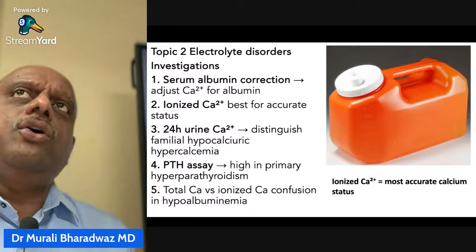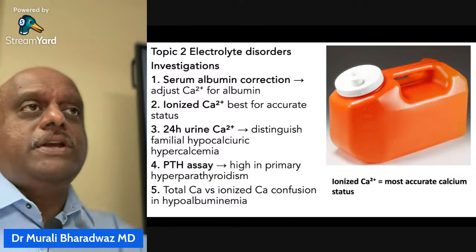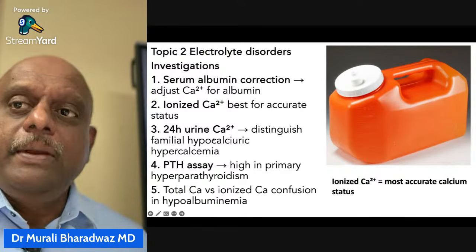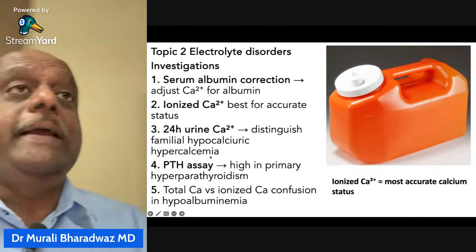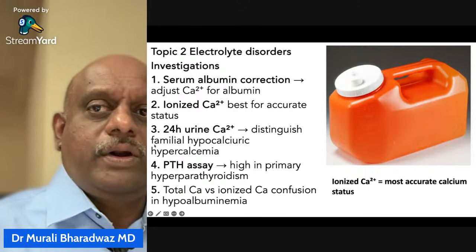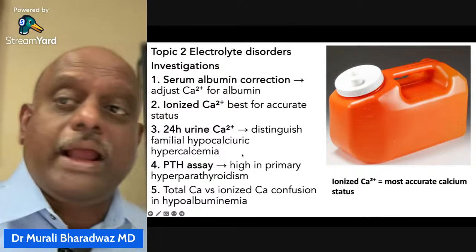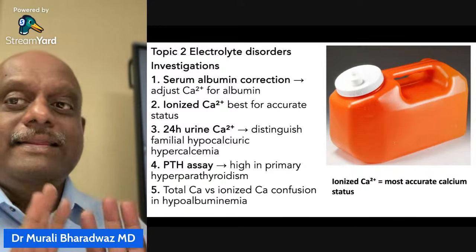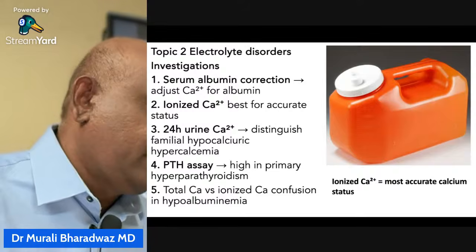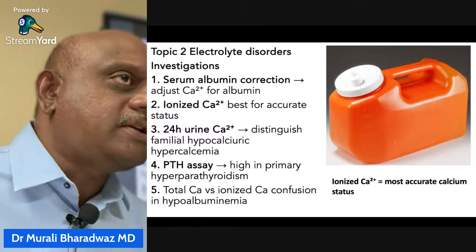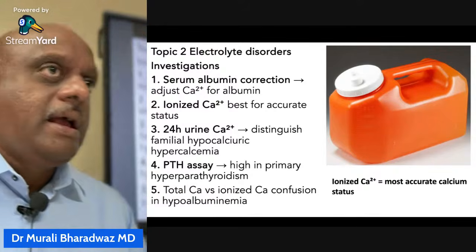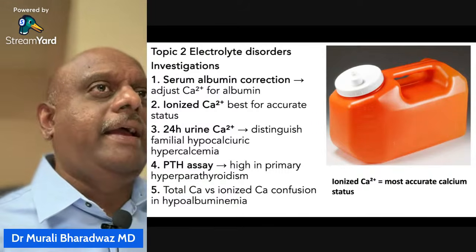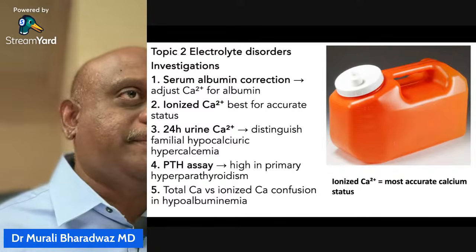Then there is one entity called hypercalcemia due to hypocalciuria. What is that called? Familial hypocalciuric hypercalcemia. This is the only entity that is different from other causes of hypercalcemia. Why? In all other causes of hypercalcemia, there is high serum calcium and high urine calcium.